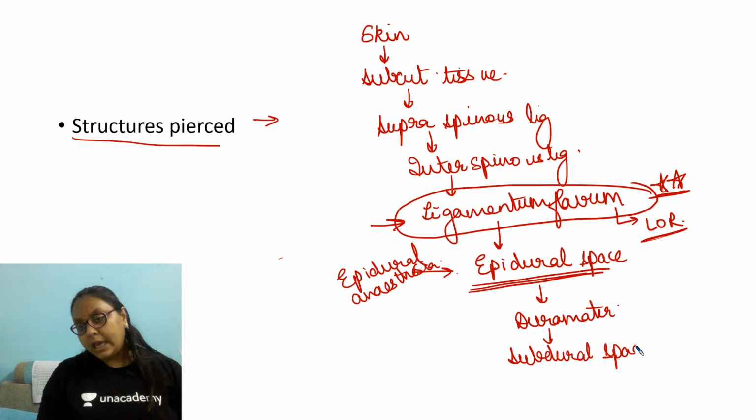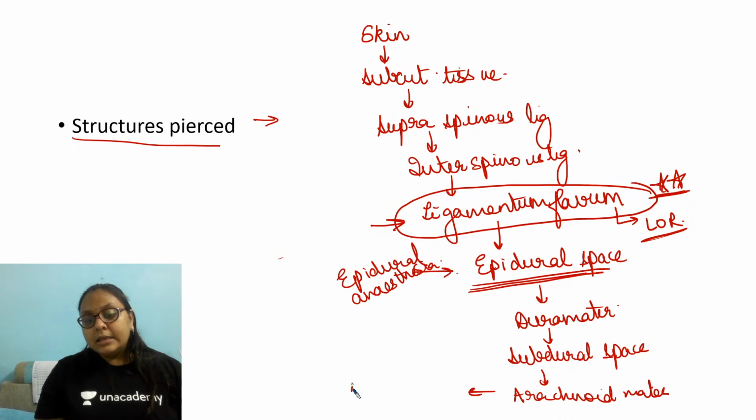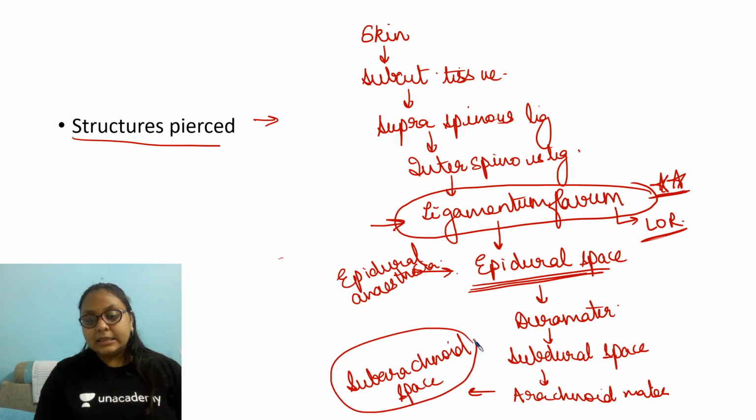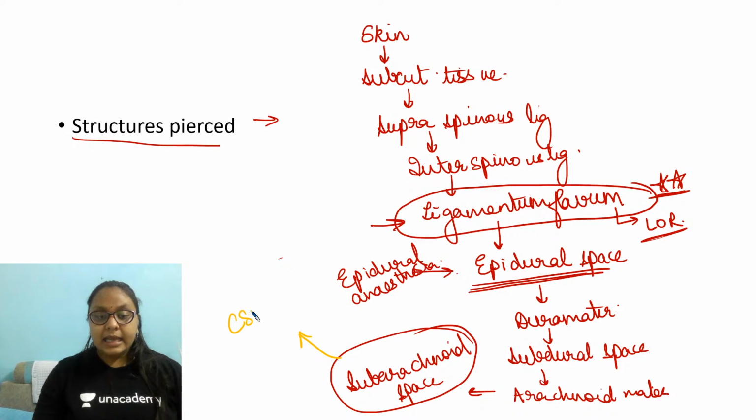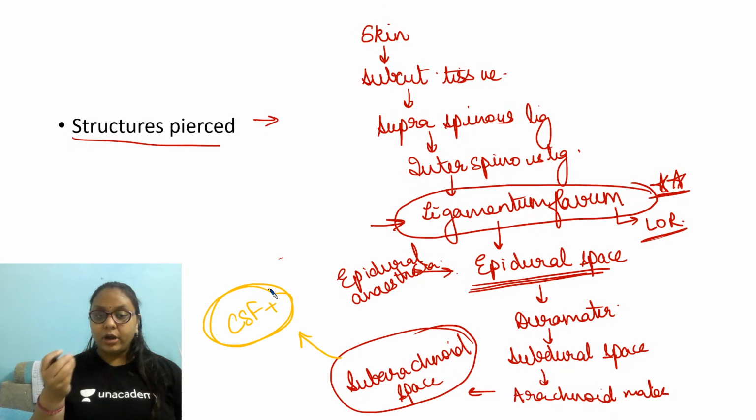And then we pierce the arachnoid matter and enter into the subarachnoid space. Remember, the subarachnoid space is the space in which the CSF is present, and in this CSF, what are floating?